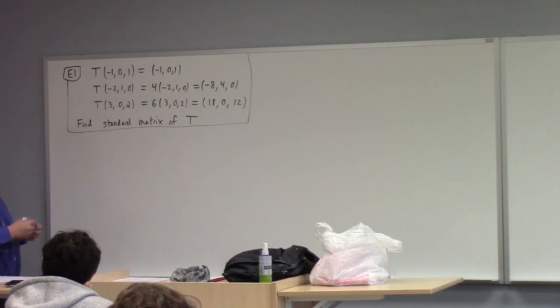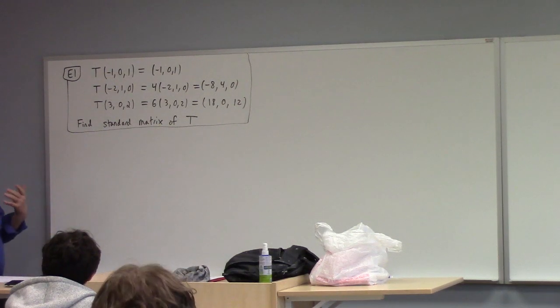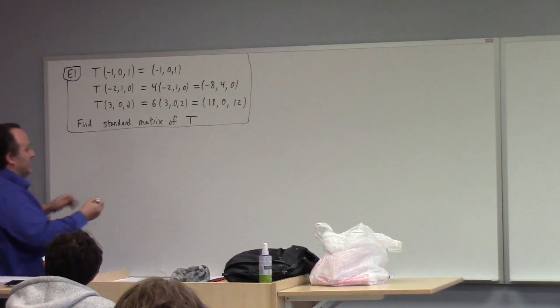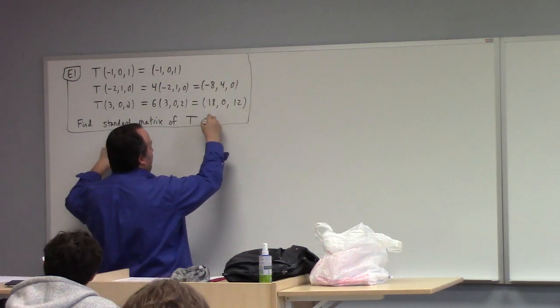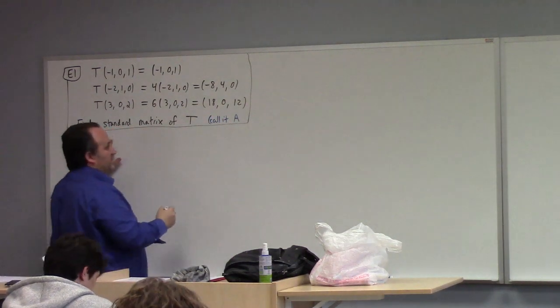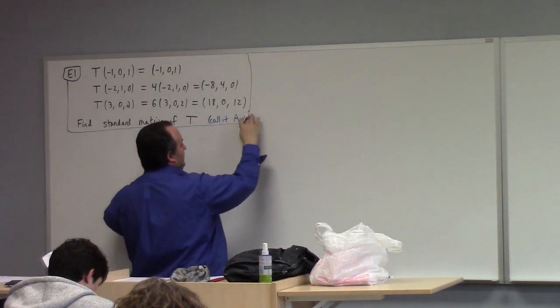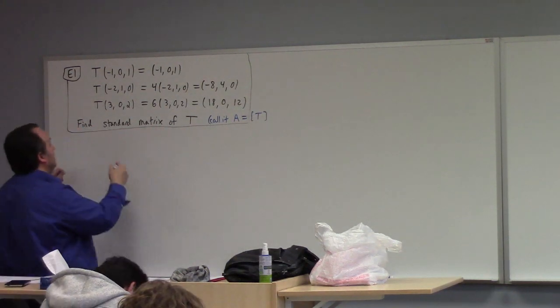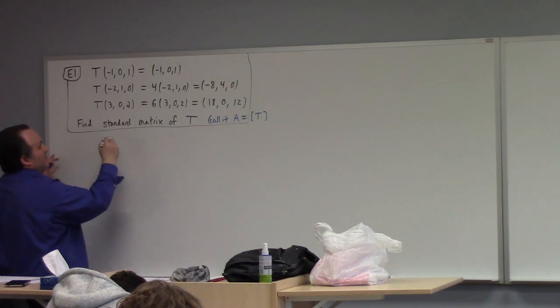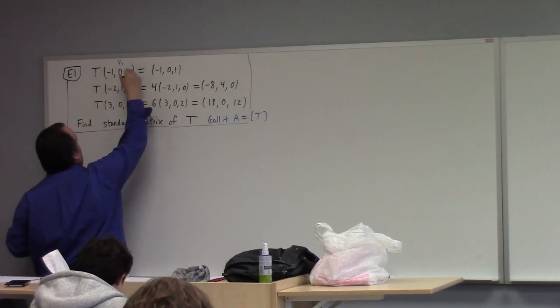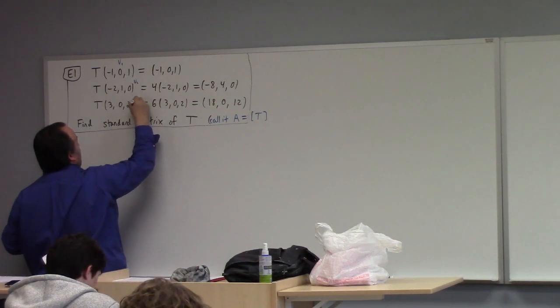In a problem like this where I don't know something, it's often useful to give it a name. So let's call the standard matrix of T, A. Usually the standard notation for it is T with brackets. Let me call these vectors V1, V2, and V3.